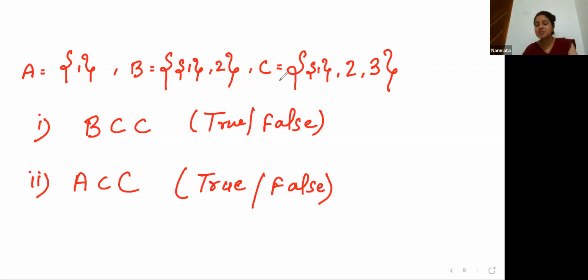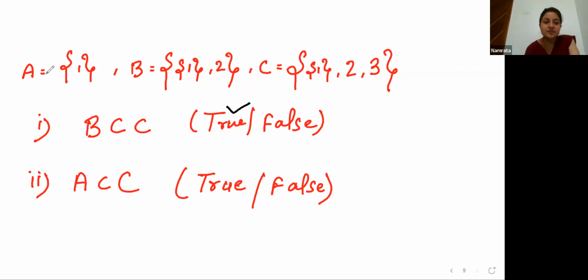So can you tell me first one, is it true or false? True. Yeah, that's true because each and every element of B is present in C. Next one, A is a subset of C. Is it true or false? True. It's not true. Okay. Why?